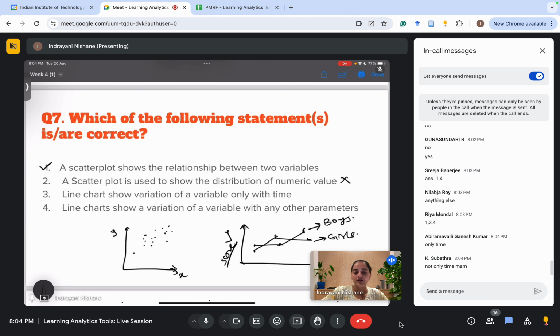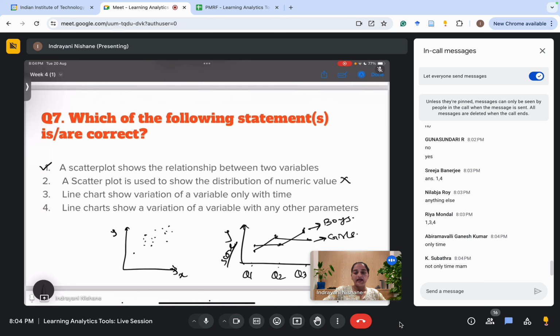I have 3 variables. Is this a line graph? Is it only with time, or can we plot interpretable graphs with variables other than time also?